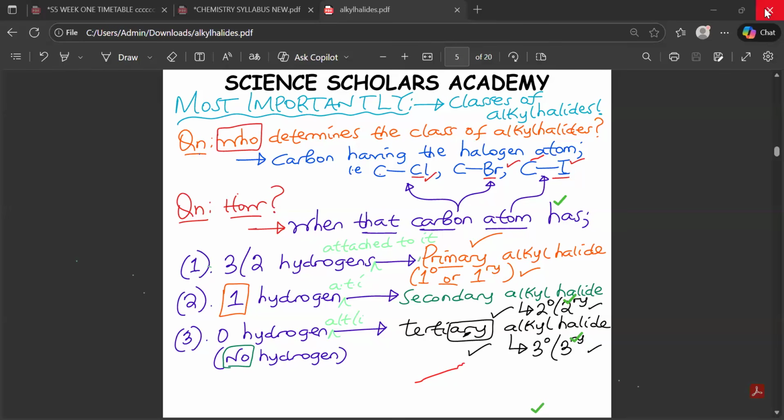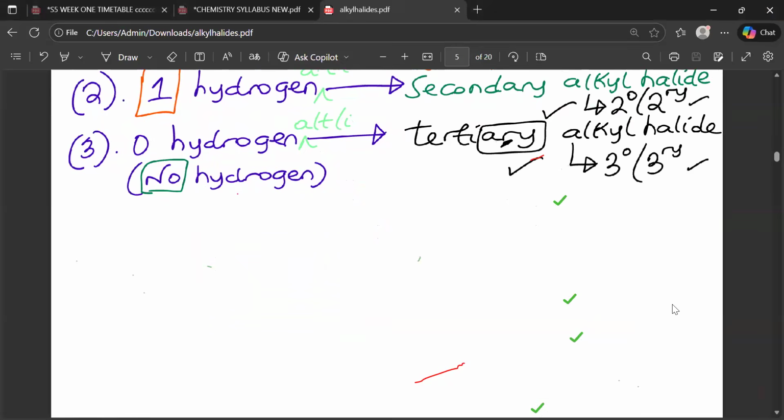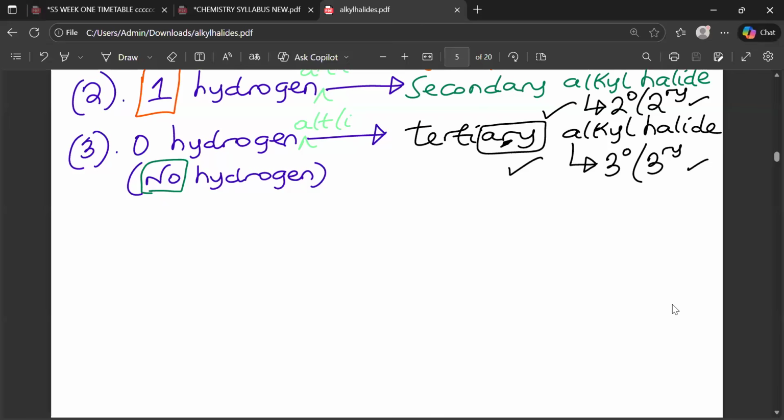Yes, Josam, speak. My question is, initially when determining the type of class, what I knew is you consider the carbon with the halogen, but then its position in the carbon chain. So if the halogen is on the second carbon, that's secondary.